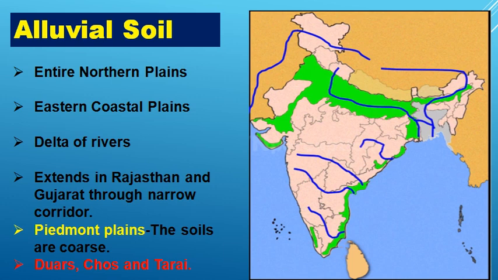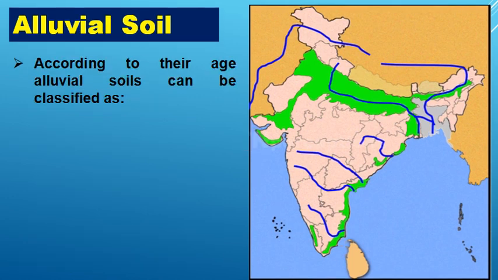Then there is a Tarai belt. Tarai belt is very close to the Himalayas, and this is the belt of marshy lands. And in these marshy lands we have national parks, bird sanctuaries, even in some parts there are settlements and so on.